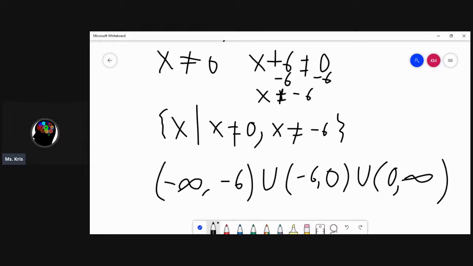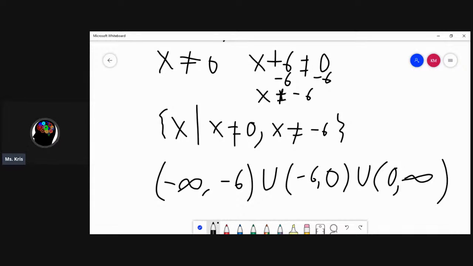Now you must do parentheses negative 6, 0, only because there are numbers between negative 6 and 0 that can be included into the graph and not cause it to have a blip or become undefined.